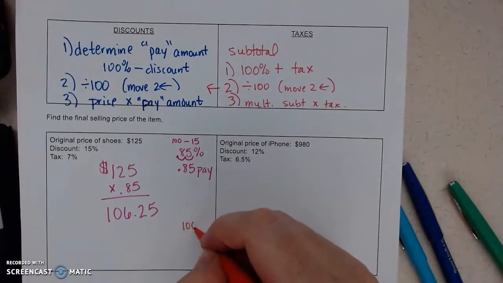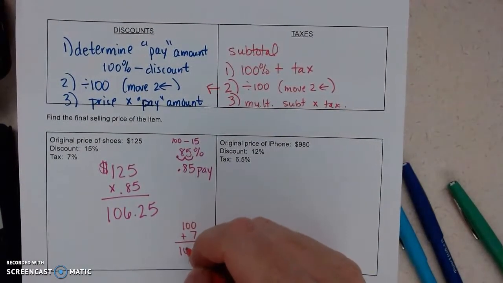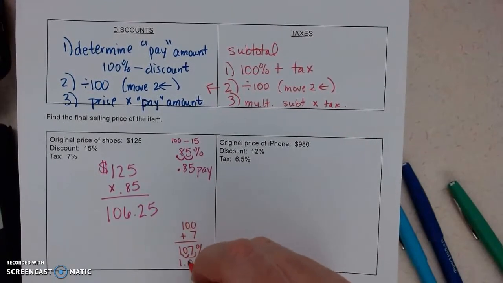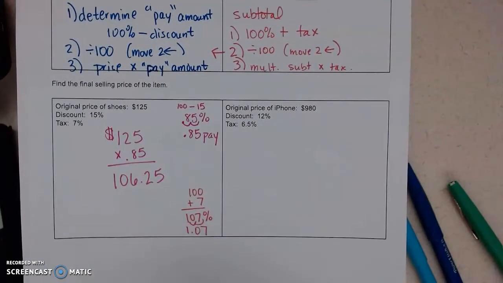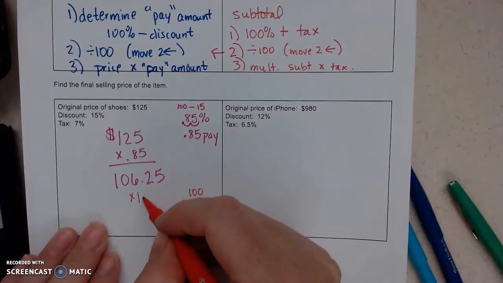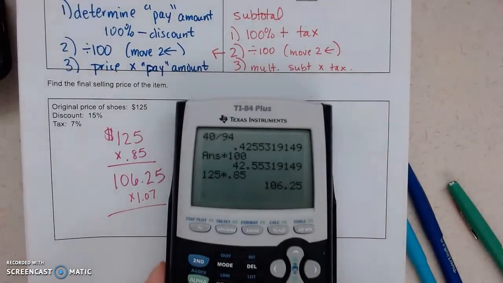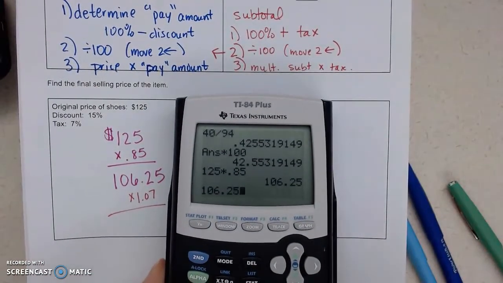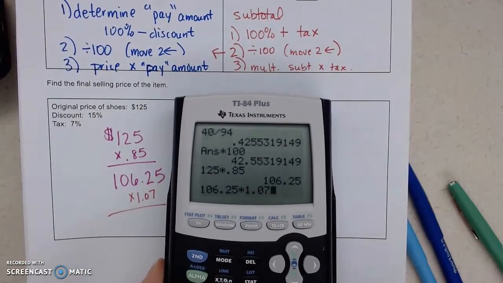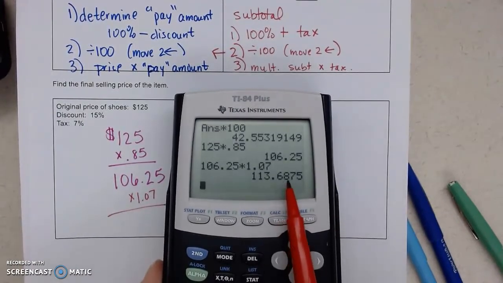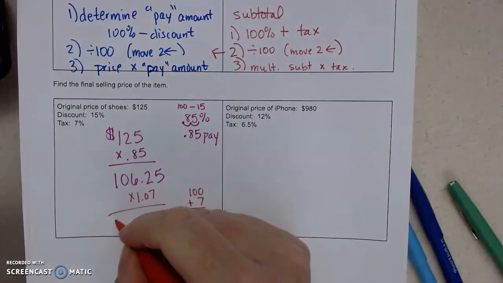So I've got 100 plus that 7 is 107% that I'm going to pay. 2 to the left, 1.07. So times 1.07. So 106.25 times 1.07. It's money, so I'm going to say it's 69 cents.